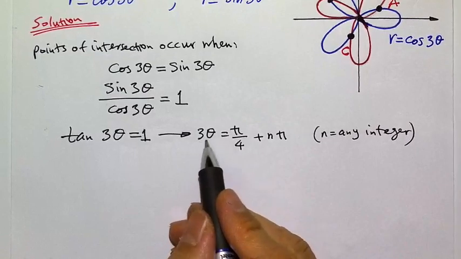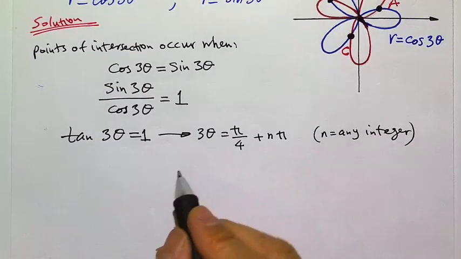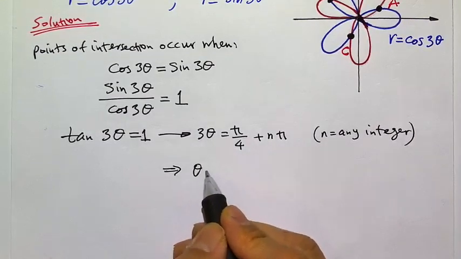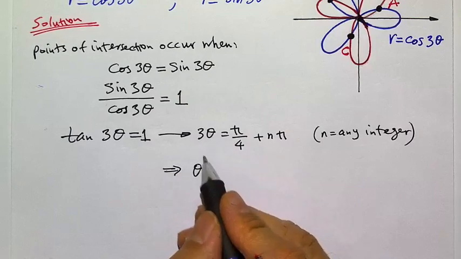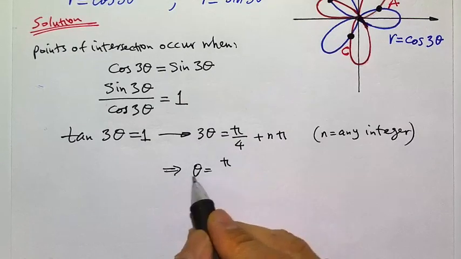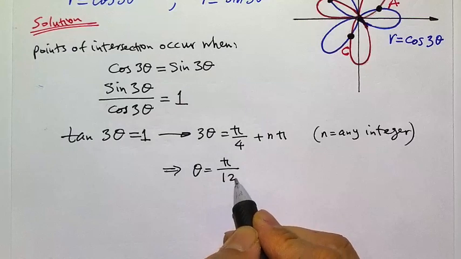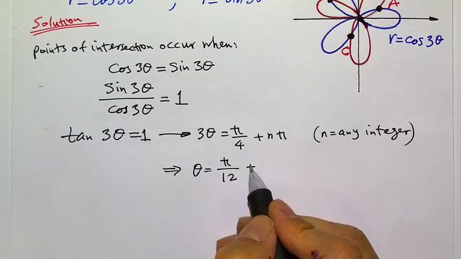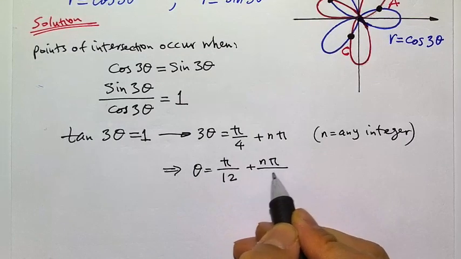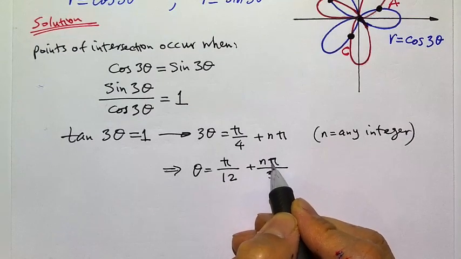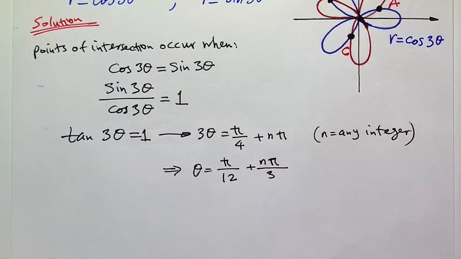So then if 3 theta is equal to that, then theta, it's going to be equal both sides divided by 3, and we get theta equals pi over 12 plus n pi over 3, like that. Okay.